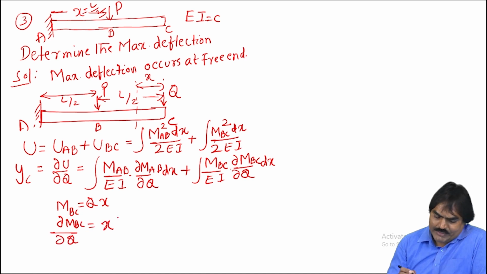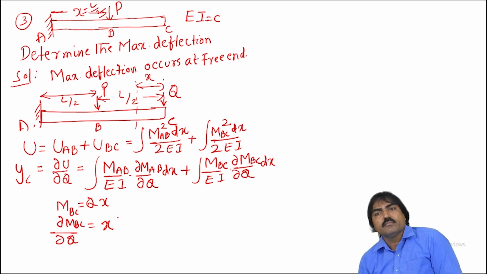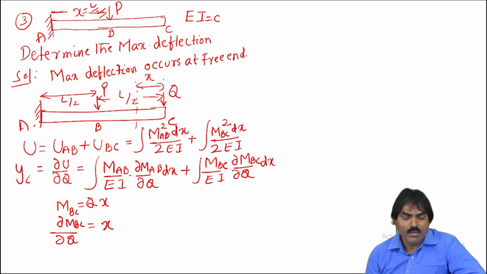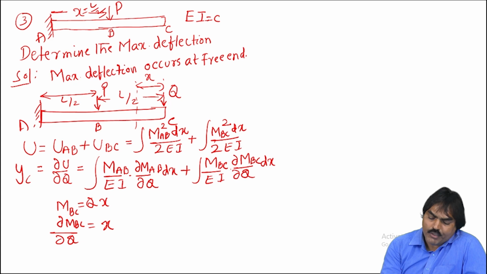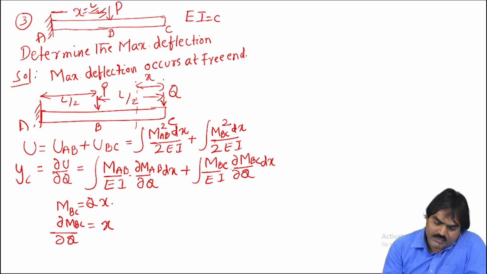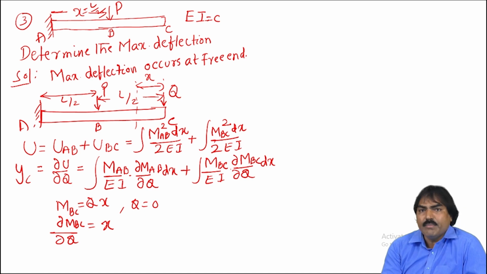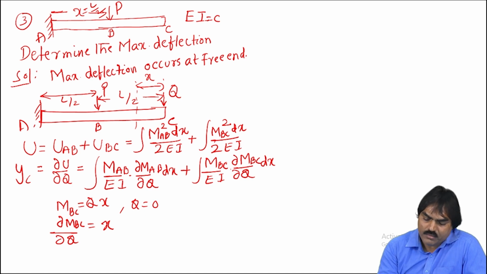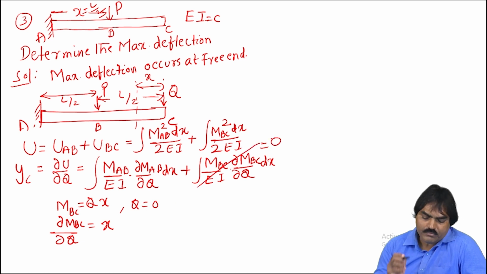That must be X. Okay. But here Q is a dummy load. Remember, that means Q will be 0. When you set Q to 0, what happens? MBC, this entire thing will be 0. That means this entire limit will be 0.